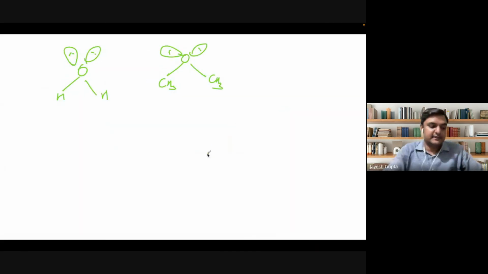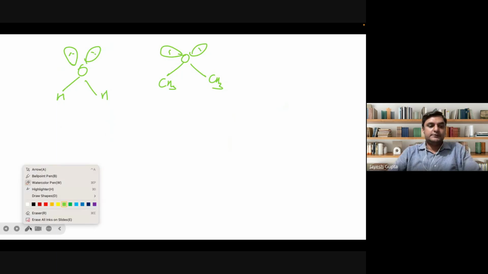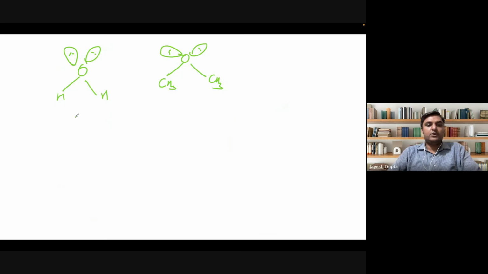Okay, so let me explain this stepwise. According to the rules that we have discussed, we go by that. So first I have told you to find the hybridization. Both will be getting sp3. Okay, two lone pairs.